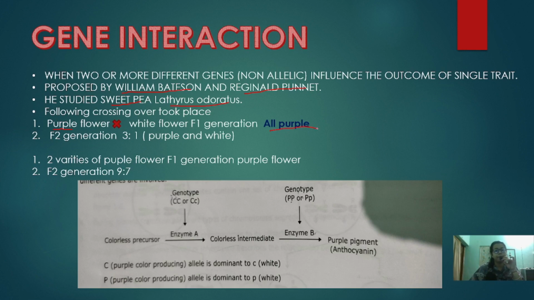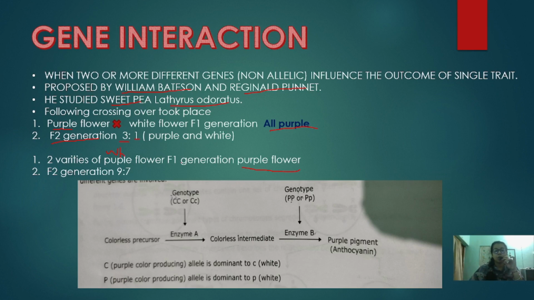In the F2 generation he saw a 3 to 1 ratio, 3 purple and 1 white. Next, he took two varieties of white flower, from two different genes.